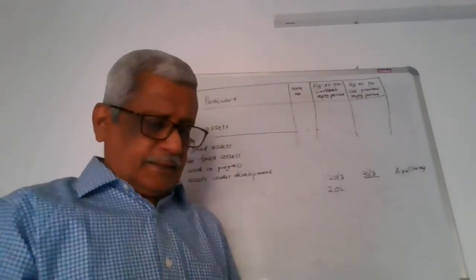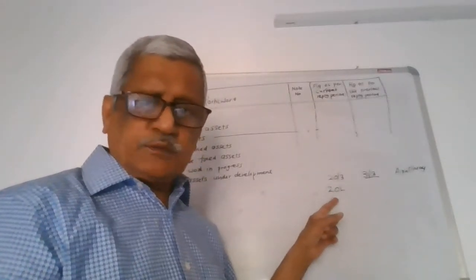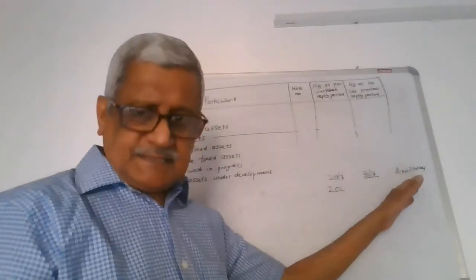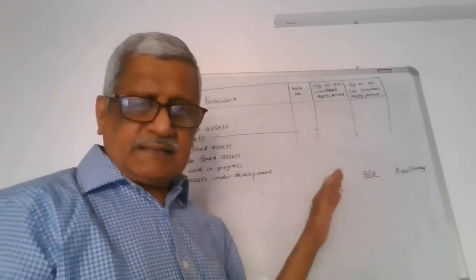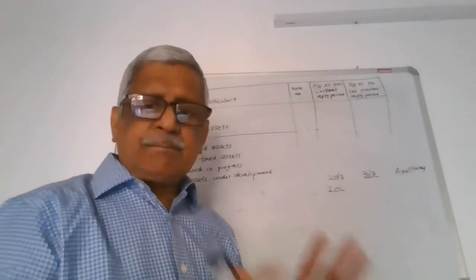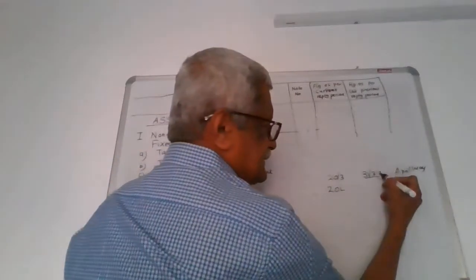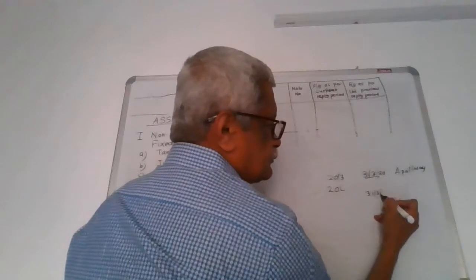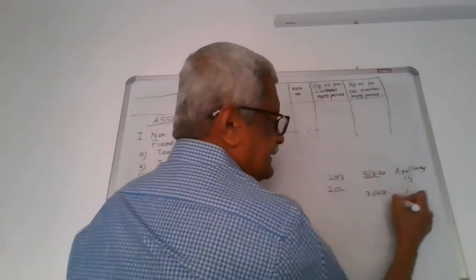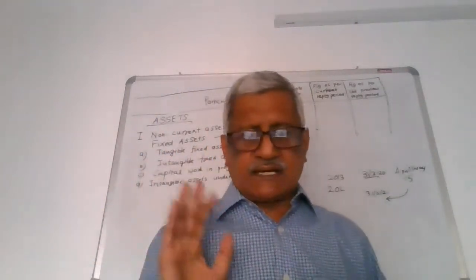But the company had spent the money and there is a source which appears on the equity and liability side. So naturally, to balance the balance sheet on the asset side, whatever money is spent on that asset should appear, which will appear as capital work in progress. Suppose on the 31st of March next year the building is completed, and the company has already spent 15 lakh, then it will get added to the gross block of the fixed assets.